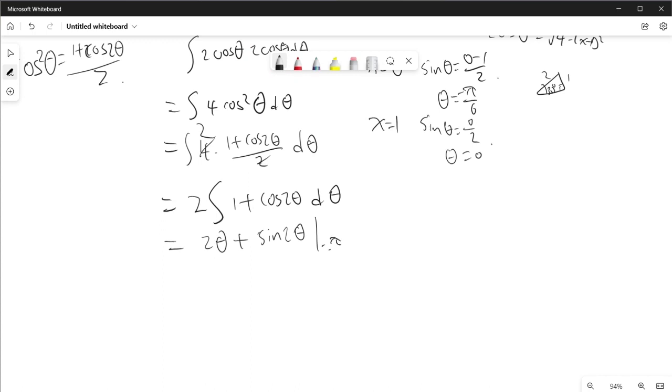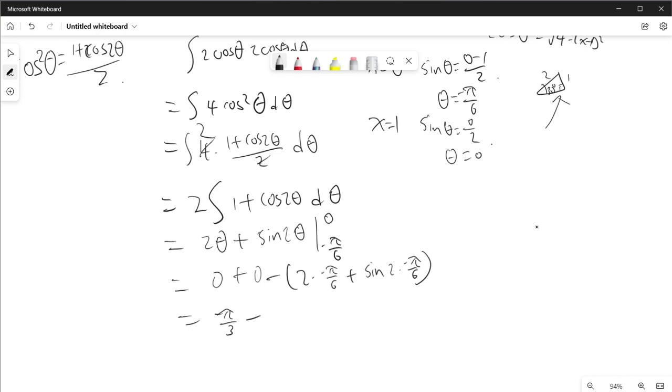Now, we can plug that back in. So we have 0 plus sine 0, which is still 0, minus 2 times negative pi over 6 plus sine of 2 times negative pi over 6. So this negative negative would just be pi over 3, and then it would be minus sine of negative pi over 3, which again you can look at this triangle.